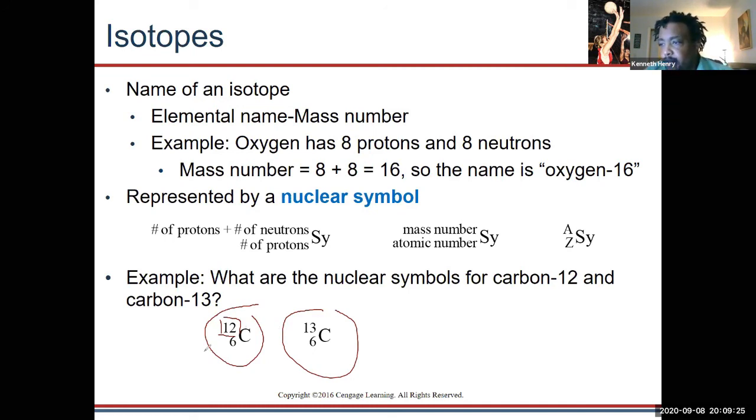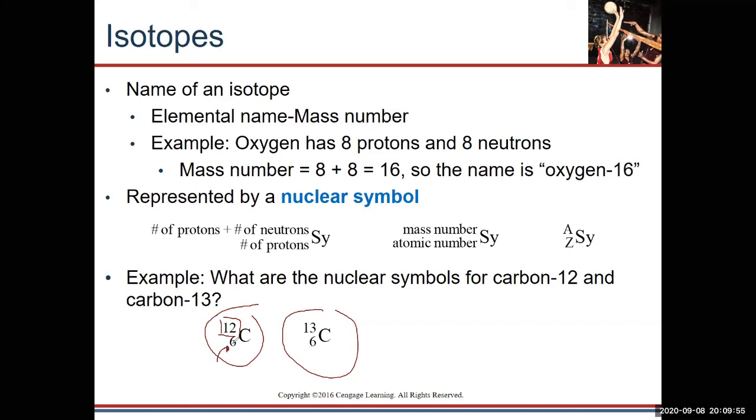Down here, the subscript is your atomic number, or your number of protons. Up top, the superscript is your mass number, and down here is your atomic number. You guys got that? Yeah. Okay, good.